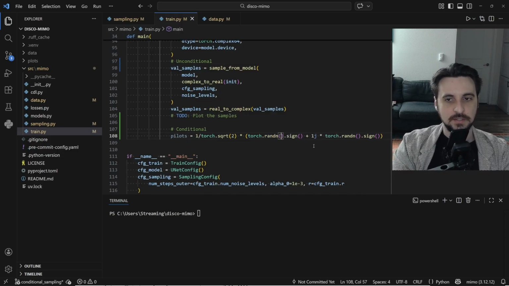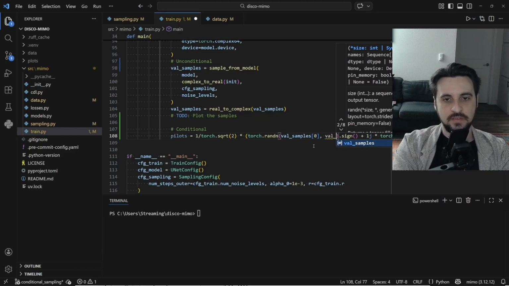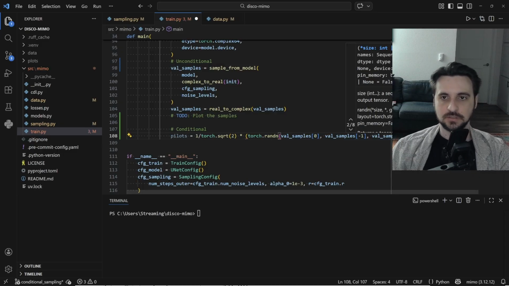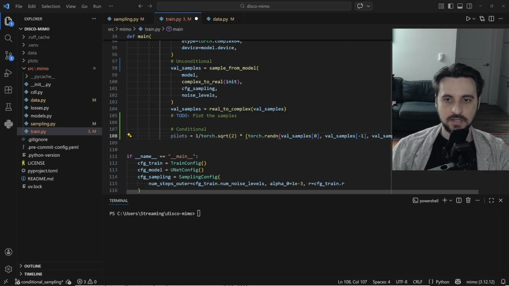Hang on. Okay, so the batch will be the same, okay? The other dimension is the last one, and the third dimension is the last one times the coefficient. Except we need to take an integer here, we need to round it.